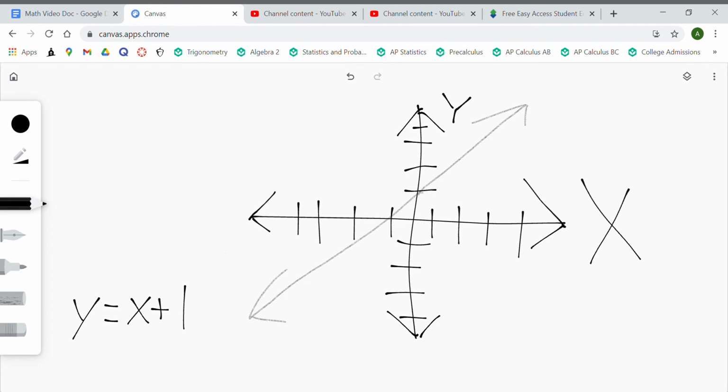Let's say we want to do a horizontal stretch of a factor of 2. How do we write this out? We simply need to write its reciprocal. So we do y equals 1/2 x plus 1.